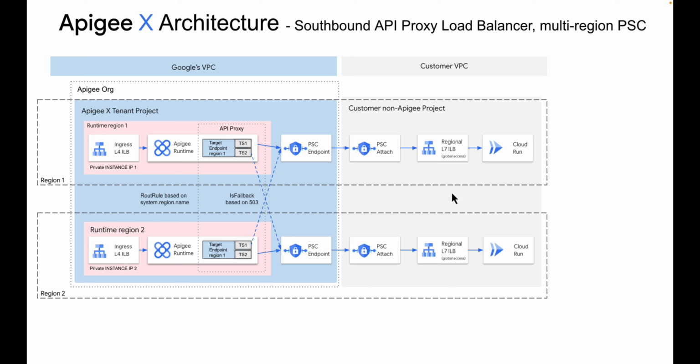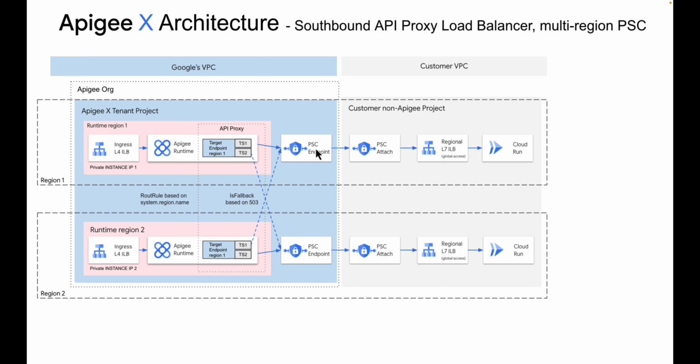In these new examples, we are using a customer non-Apigee project. As you know now, you can use Private Service Connect to reach a Cloud Run application, as an example, deployed into a project that is completely decorrelated from the Apigee project. So you don't use VPC peering in this case, but automatically we are using Private Service Connect.